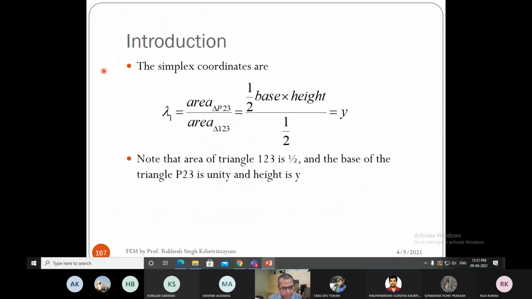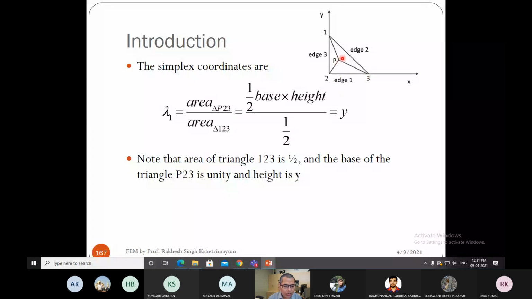Okay, so we define some coordinates called simplex coordinates. In the simplex coordinates, lambda 1 is defined as area of triangle P23 divided by area of triangle 123. What is the area of this triangle P23? Half base into height, right? The base is 1.